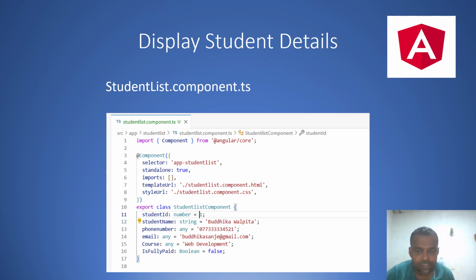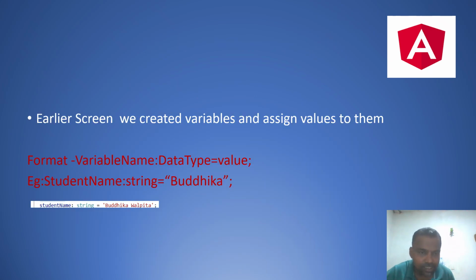Actually, this we call a controller for this Angular project. And here you can see the format for how to create a variable and assign a value. Here is the variable name, then the data type, and the value.